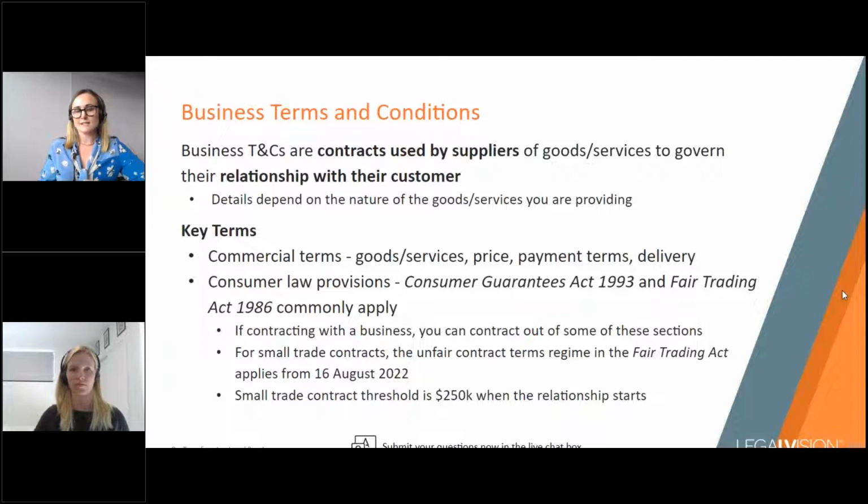That's generally as at the time the contract was entered into. This change only came in earlier this year in August, so it's a really good time to review and update your small trade contracts, if you have any, as well as your consumer contracts, to ensure that you don't have any unfair contract terms.